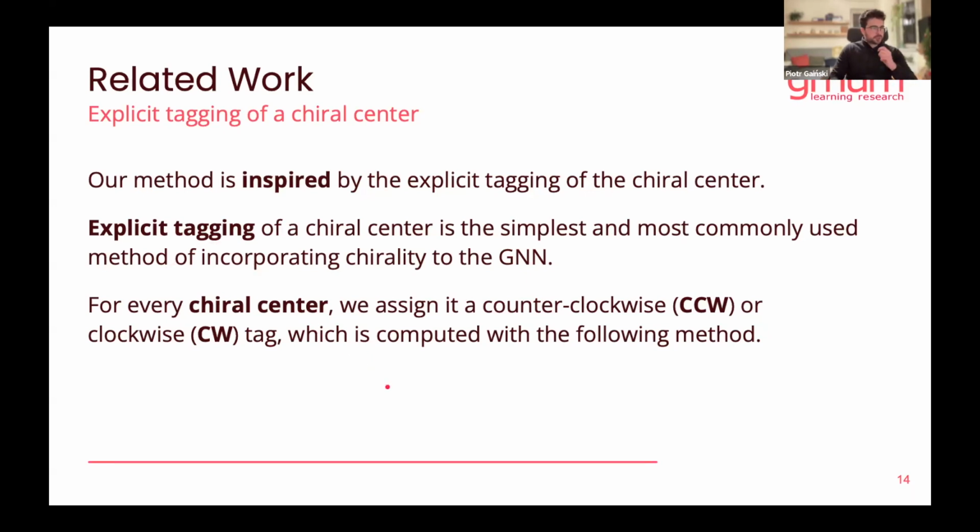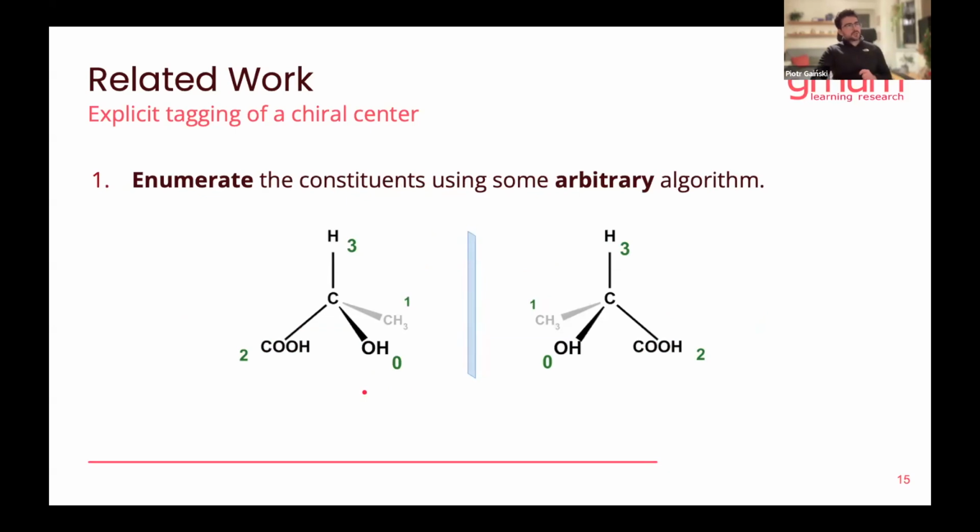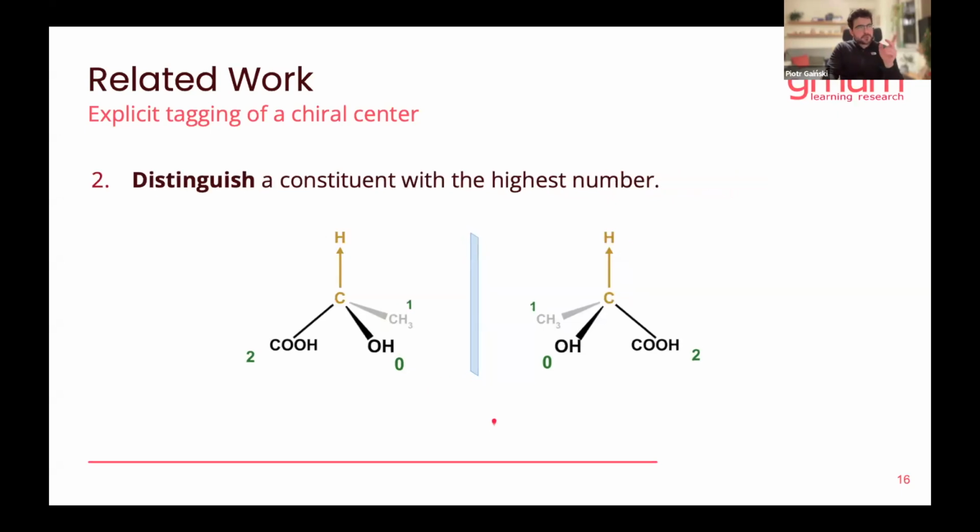And this tag is computed as follows. First of all, we have a tetrahedron. We have this chiral center. We enumerate all the constituents using some arbitrary algorithm that simply assigns some number to each constituent. Then we distinguish one constituent, the one that has, let's say, the highest assigned value.